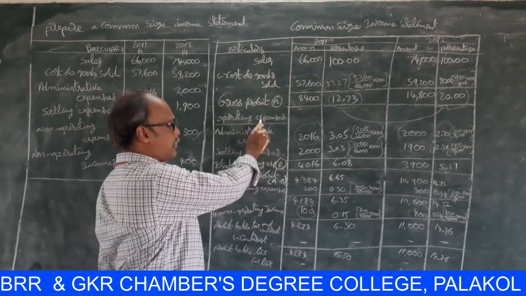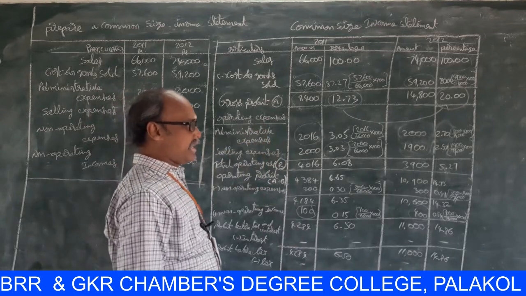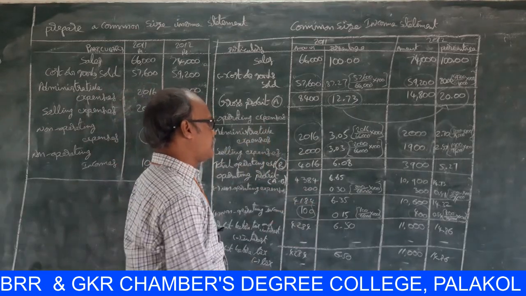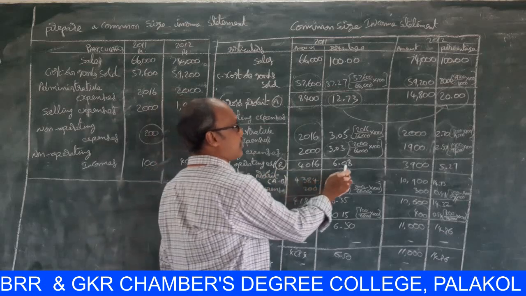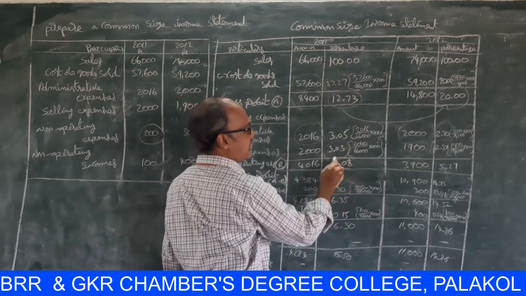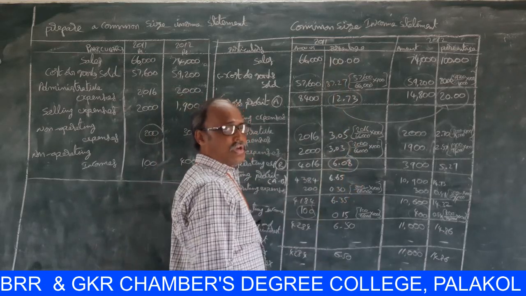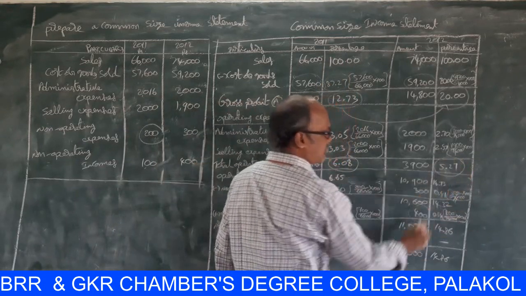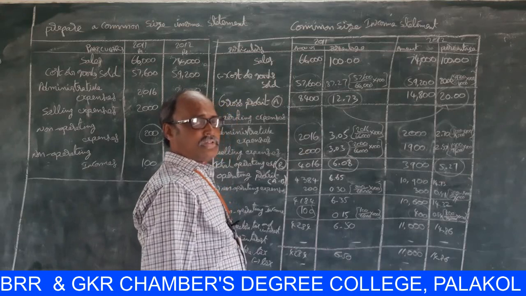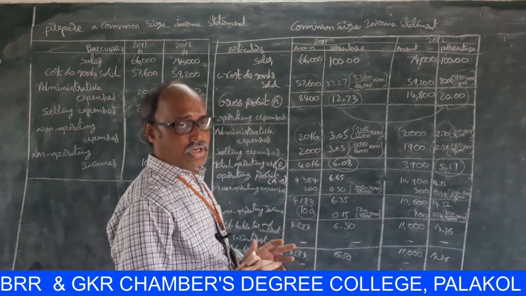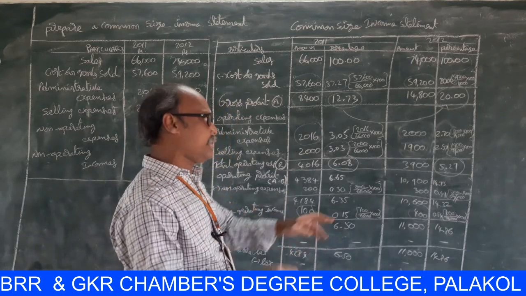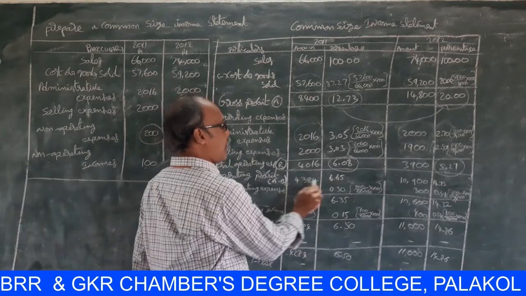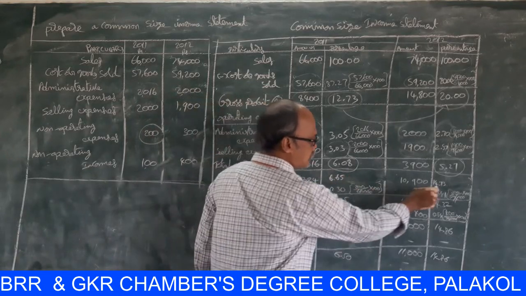Next one, the operating expenses. The operating expenses ratio, look at the board please. The total operating expenses ratio in the year 2011 is 6.08. In the year 2012, 5.27. The total operating expenses ratio has also decreased. That's why the operating profit also increased here.